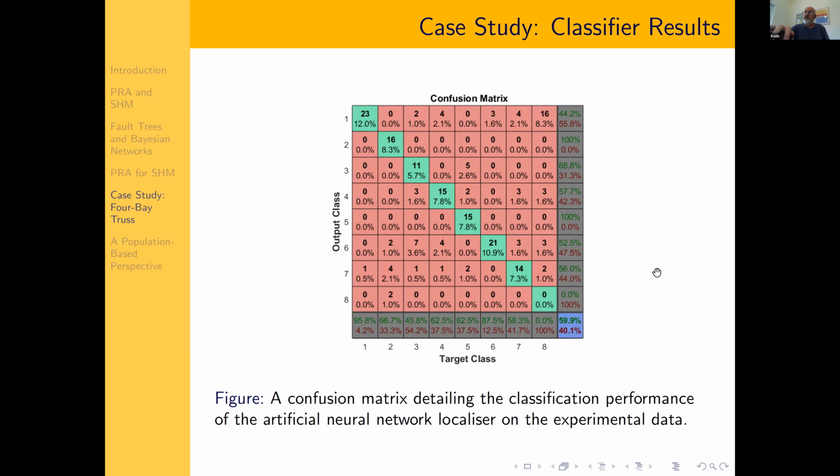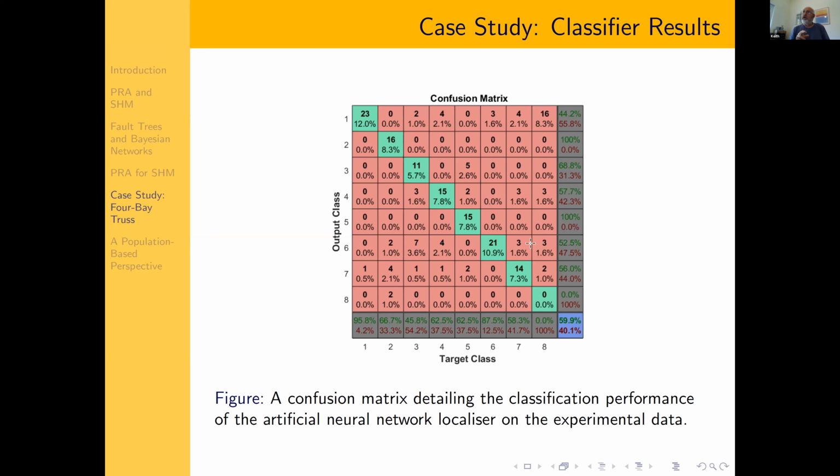Now, the static classifier, the neural network algorithm, is summed up in this confusion matrix here. The diagonal elements are correct classifications. It's the usual sort of confusion matrix. It's doing fairly well. Overall, it gets a 60% chance of classifying correctly.